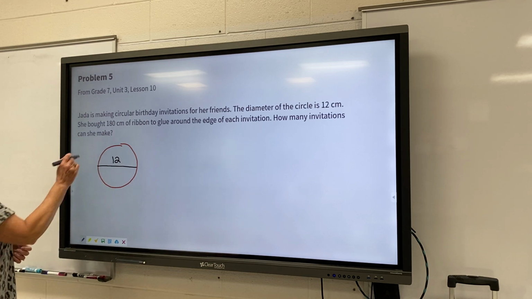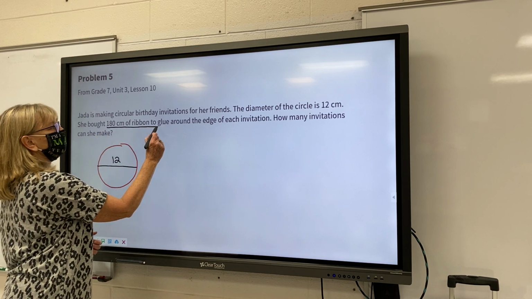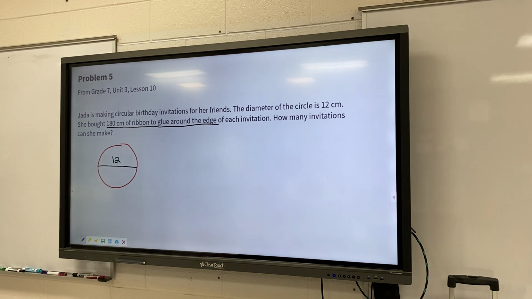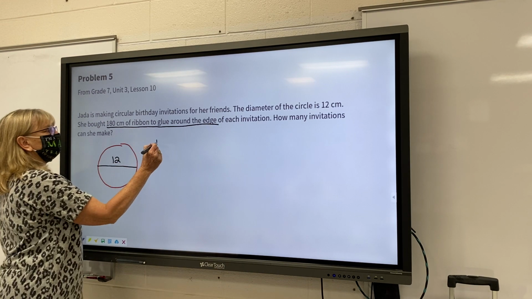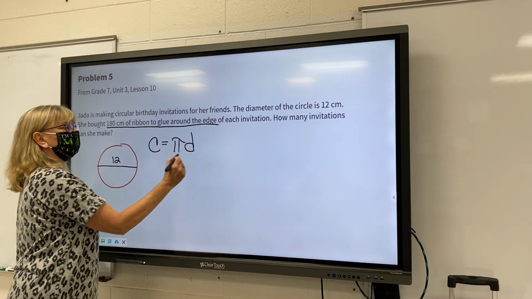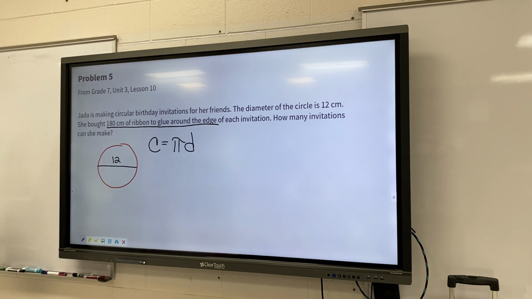She bought 180 centimeters of ribbon to glue around the edge. What measurement am I concerned about? The circumference. So I'm going to say to myself, circumference, I need pi and d. How many invitations can she make?